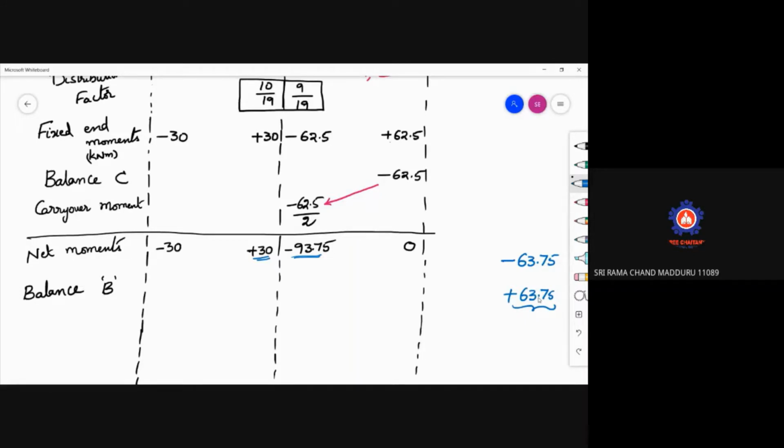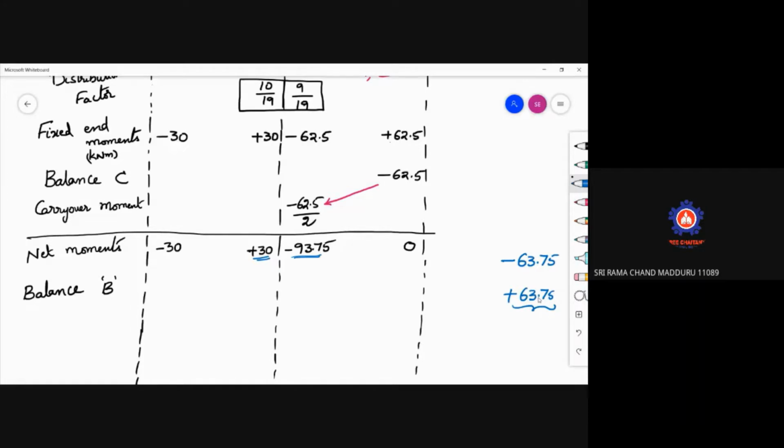The distribution will be done according to their relative stiffness. The relative stiffness depends upon the moment of inertia, the length of the member, and the far end support. When the far end support is fixed, the relative stiffness is I by L. When the far end support is hinged, the relative stiffness is 3/4 of I by L.